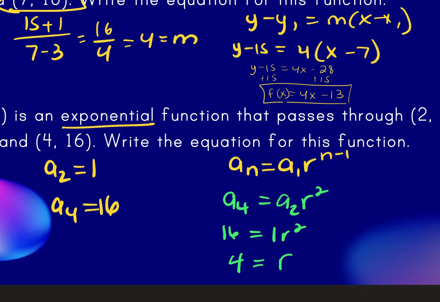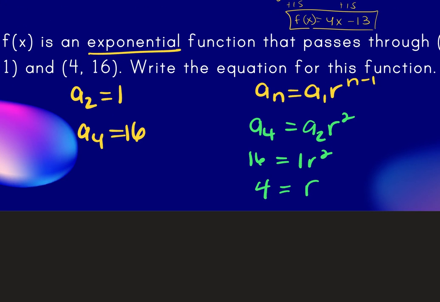It says write an equation for this function, right? It doesn't specifically say that your A1 has to be your initial value, which means you actually have options here. You can say, using my A2, An equals A2 times R raised to a power, and adjust that so instead of n minus 1, it'd be n minus 2.